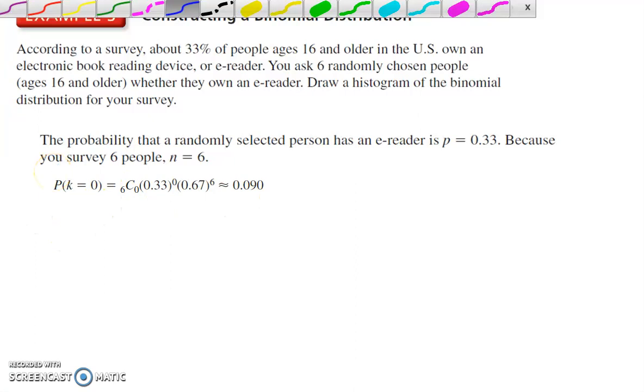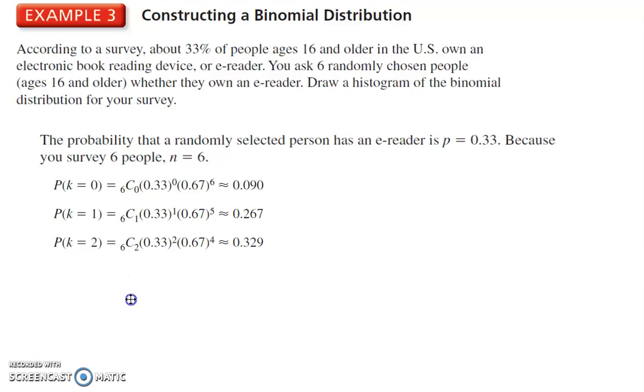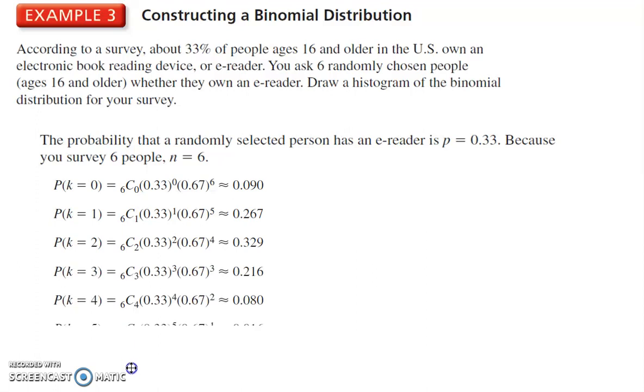And then I can go down the line, say if I have 1, I come out with about 0.267. If I have 2, I get approximately 0.3, or 32%, 33%, and so on. I'm going to go all the way through until I have 6. And now I can make my histogram.